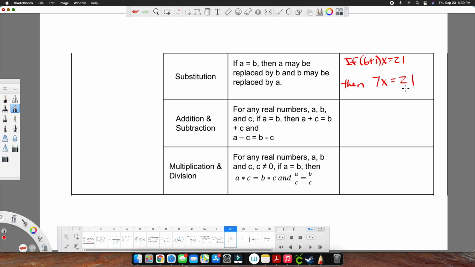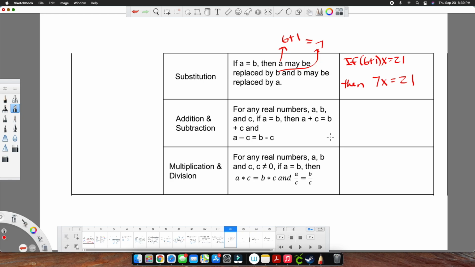What they're saying is, in this case, a is 6 plus 1, and b is 7. Well, I know these are equal to each other, so I can replace a with b, or b with a. So instead of saying 6 plus 1, I can replace it with 7. That's what this example is showing us.